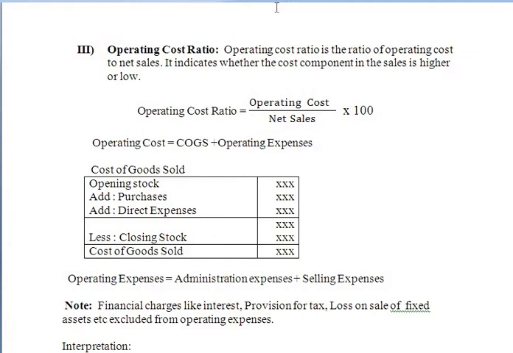The formula of operating cost ratio is operating cost divided by net sales into 100. Okay, and operating cost includes cost of goods sold plus all the operating expenses.